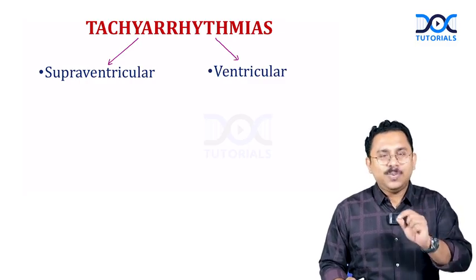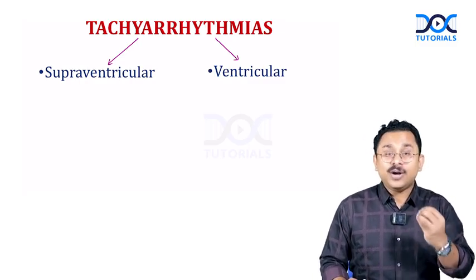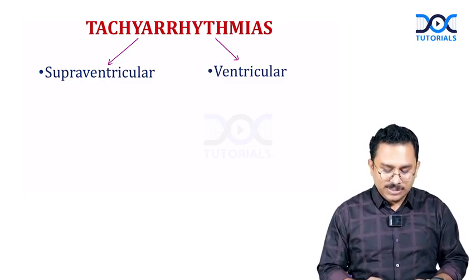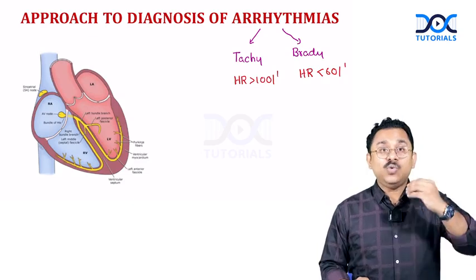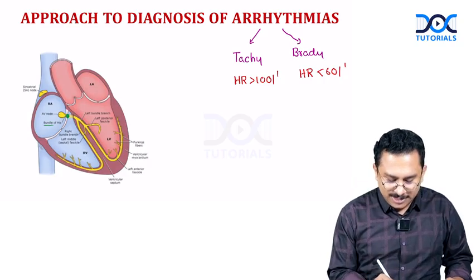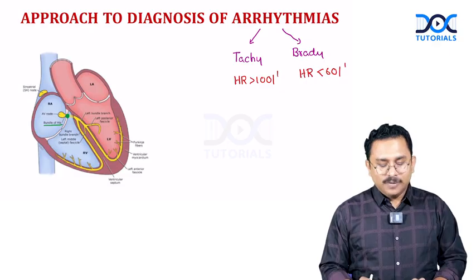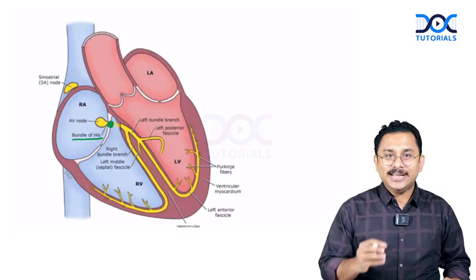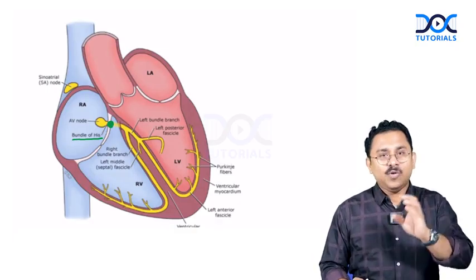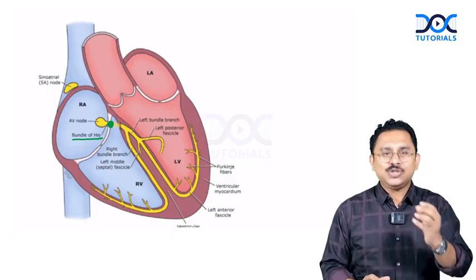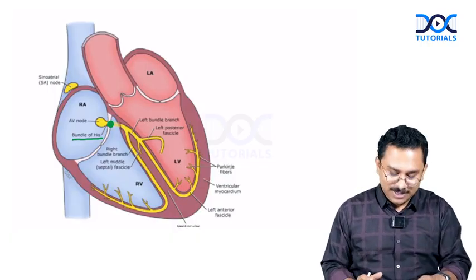In case of supraventricular tachyarrhythmia, the focus of origin of the arrhythmia, remember, the focus of origin of the arrhythmia is above the bundle of His. So let me just mark with green color, the region of bundle of His. You can see it is marked here as well. So the focus of the rhythm abnormality is above the bundle of His. Whereas in case of ventricular tachyarrhythmias, the focus of arrhythmia is below the bundle of His. That's the difference between supraventricular and ventricular tachyarrhythmias, right?